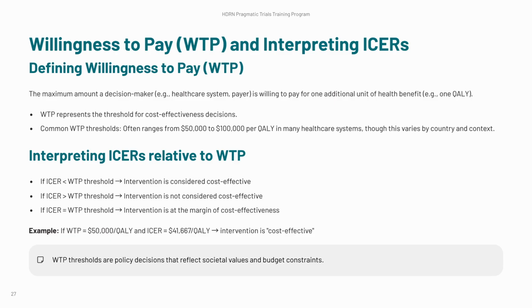Interpreting our example, if the health system's willingness to pay is $50,000 per QALY, then an ICER of $41,667 falls below that threshold. So we would describe the intervention as cost-effective. If the ICER were above the threshold, the conclusion would flip.